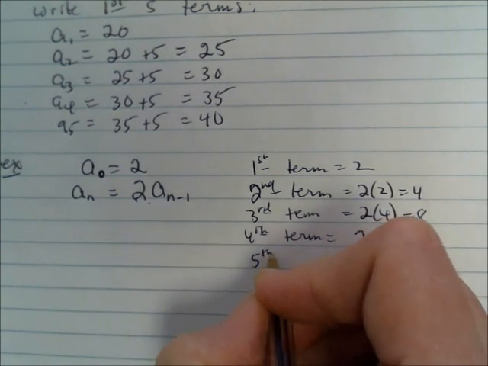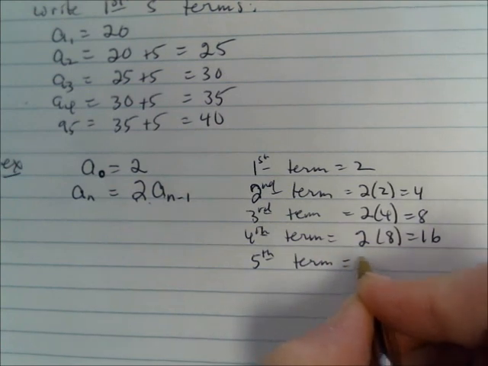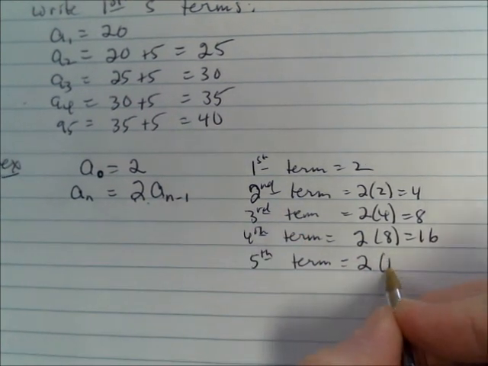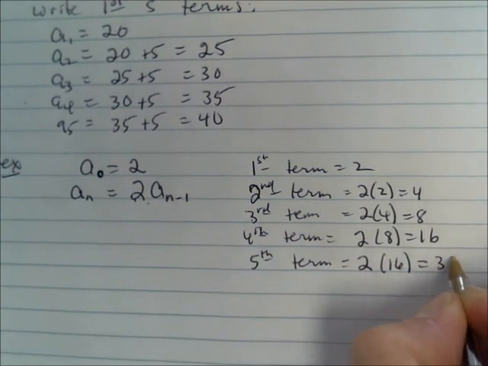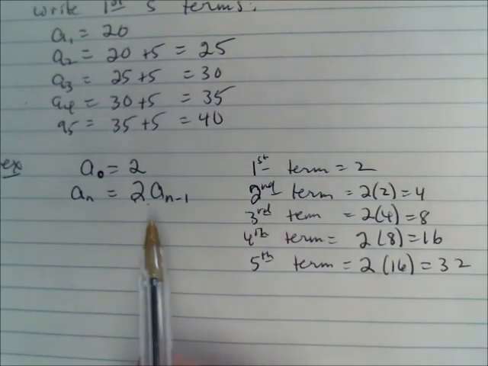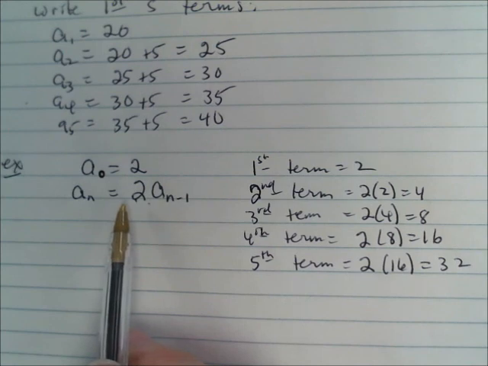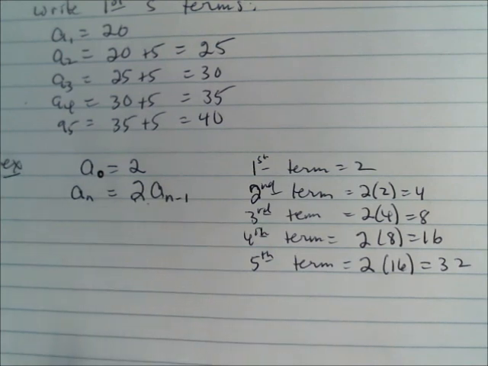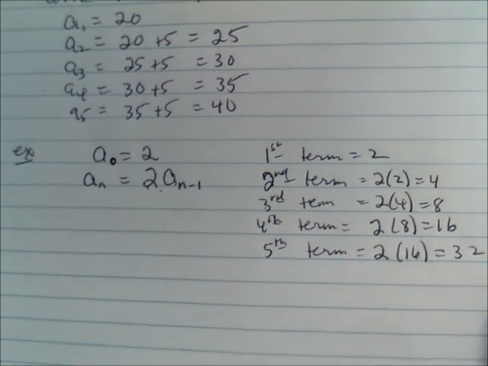And the fifth term is 2 times the previous term, 16, which is 32. So each one of these terms depended on the previous term, because you're going to multiply each one by 2. All right, so that's a recursive sequence.